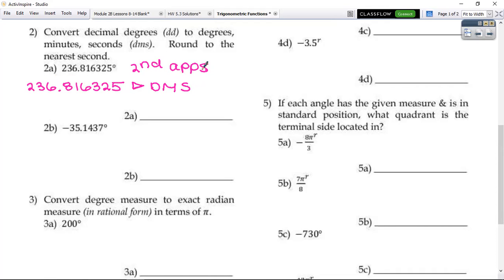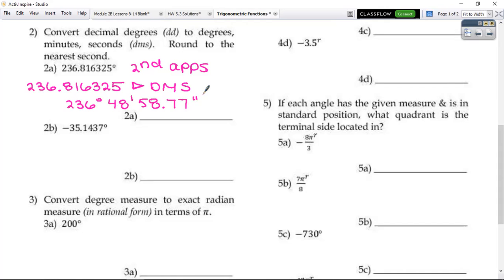So did everybody get an answer of, I got 36 degrees, 48 minutes, and I got 58.77. Did you guys get that in your calculators?